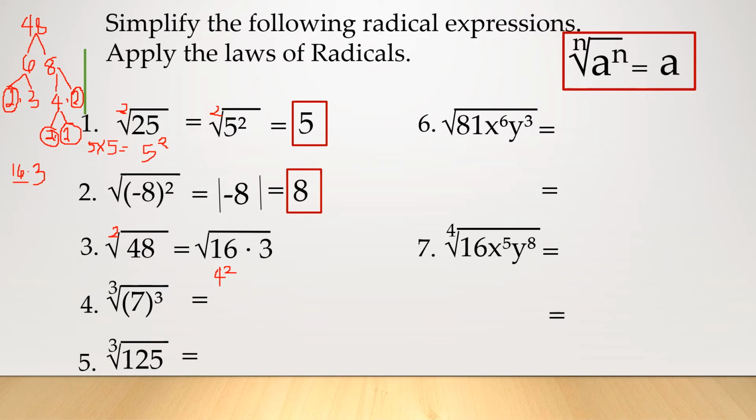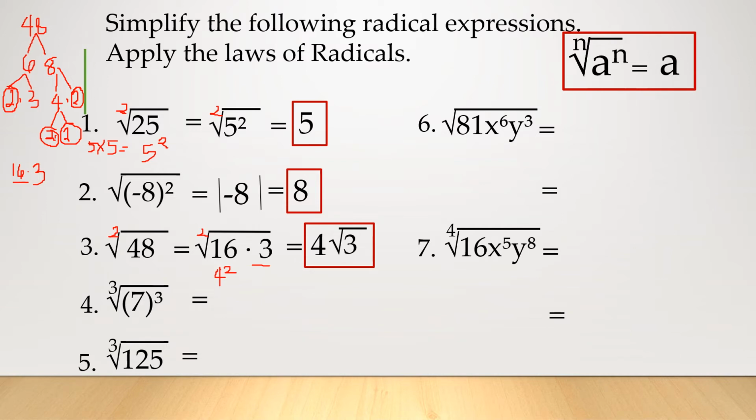Therefore, since the index here is also 2, we can simplify that as 4. The square root of 16 is 4. So we can bring that outside the radical sign. And what is left inside the radical sign now is 3, because 3 is not a perfect square. So the final answer is 4 times the square root of 3.